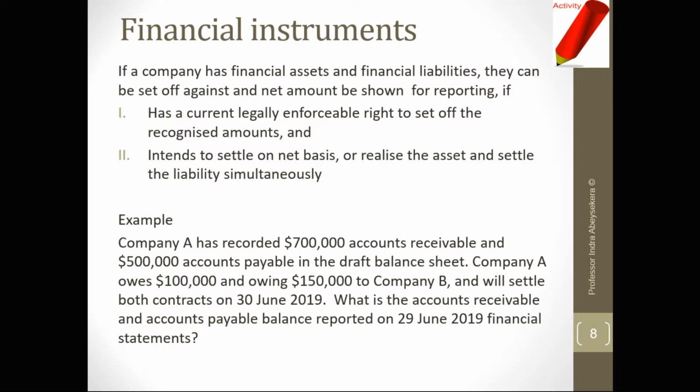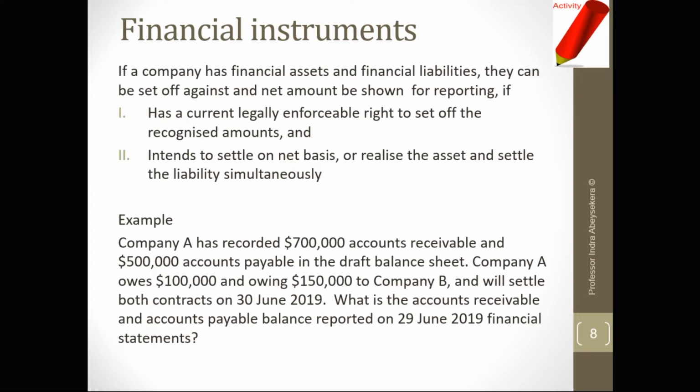We can take off 100,000 from accounts receivable and take off 100,000 from accounts payable. As a result, the net obligation becomes 50,000.